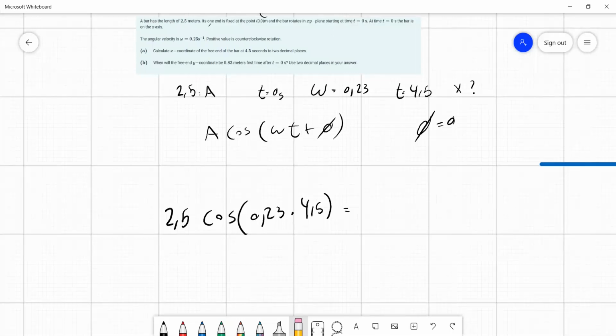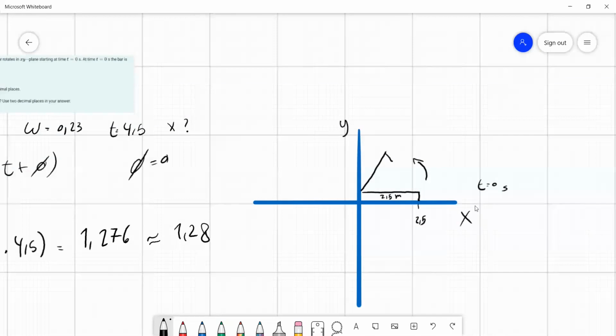We will get an answer of about 1.276, and it's asking for 2 decimal places, so 1.28. So what we are basically saying is, if we go over here to our graph, that after 4.5 seconds, the value of x, so let's say, for example, this value over here, will be 1.276.